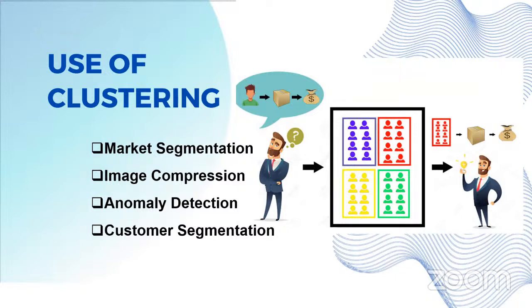Then the main important thing is anomaly detection. Anomaly detection is the identification of rare items, events, or observations which raise suspicions by differing significantly from the majority of the data. Here the clustering can identify the outliers and the anomalies by determining which data points do not fit well into any cluster.